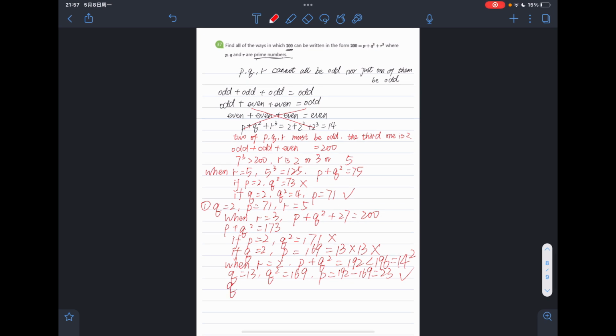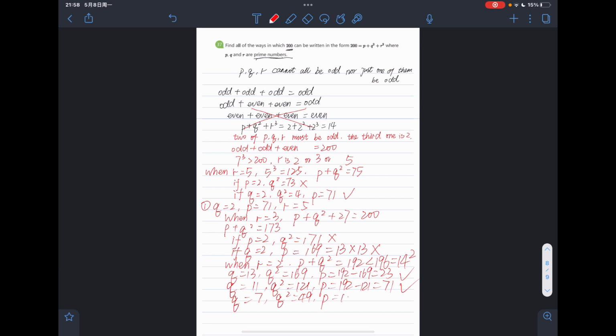When q is 11, then q squared is 121. p equals the difference of 192 minus 121 equals 71, which is also a prime number. And let's just further work on it. When q is 7, then q squared is 49.